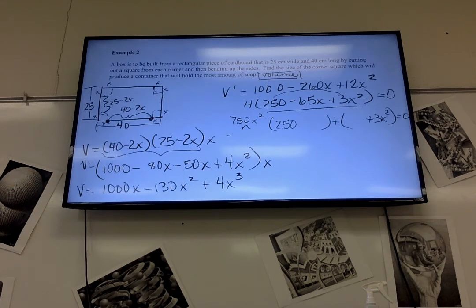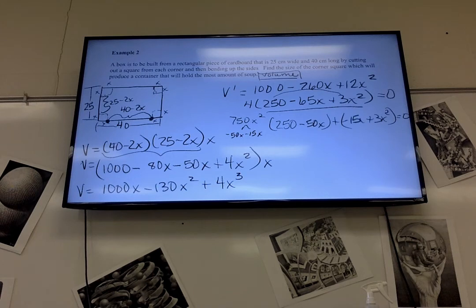That doesn't work. 50 and 15. Yeah, sure.